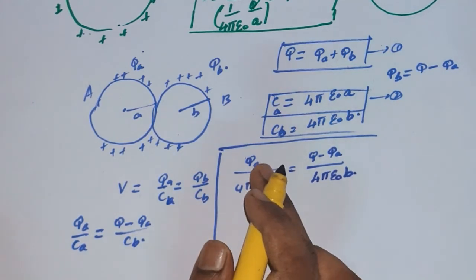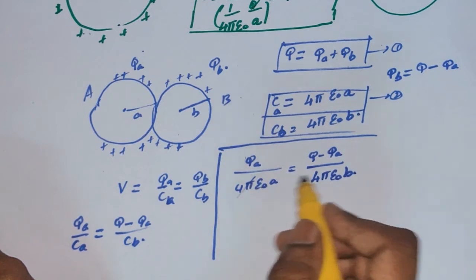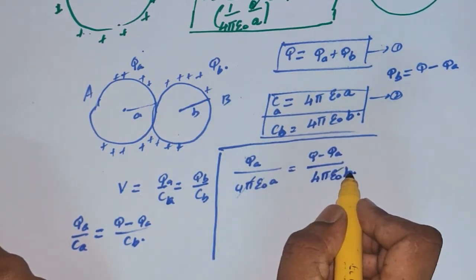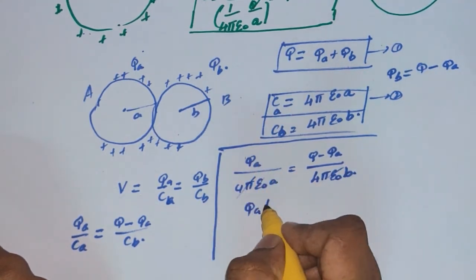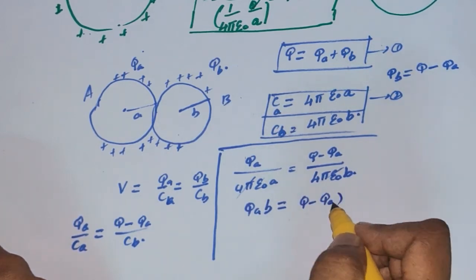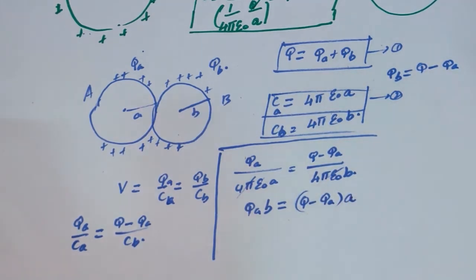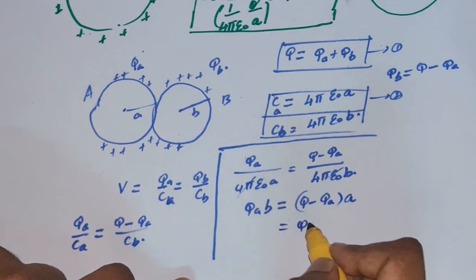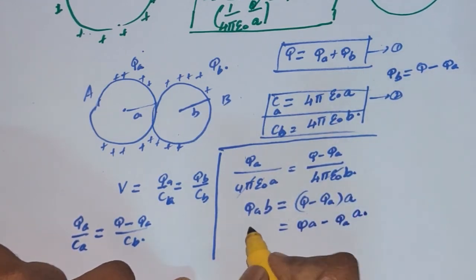Now we want to calculate QA, so we rearrange this expression. First cancel 4 pi epsilon naught on both sides. Rearranging, it is QA times b equals (Q minus QA) times a. Multiplying out, Q times a minus QA times a.